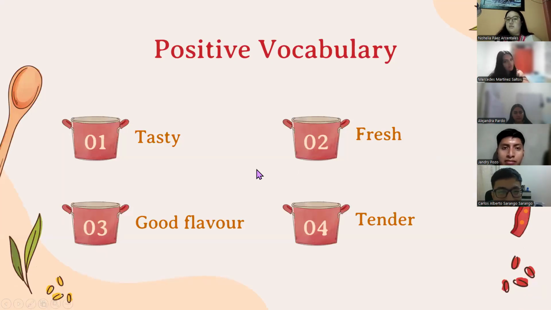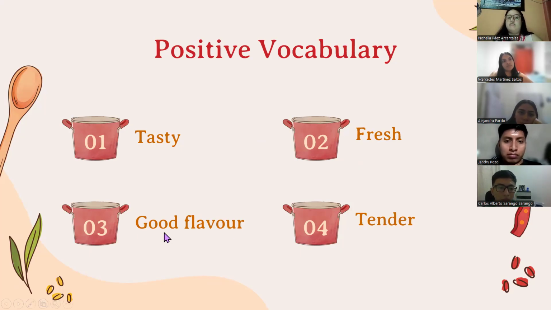So we have to move on to some positive vocabulary to describe a food, a dish, sorry. First, we have tasty. When something tastes good, it has flavor, it's good to the palate. Then we have fresh. I hope all of us have had fresh fish or fresh meat, something that feels soft.